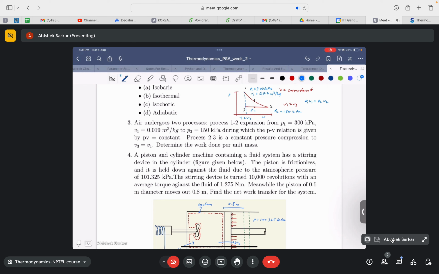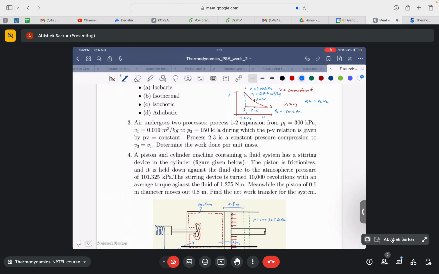Here P equal to C, here PV equal to C. You take your time. Very simple.